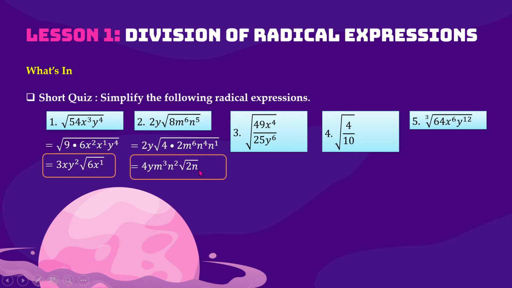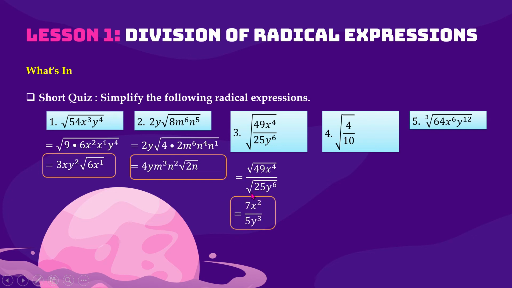Okay? Number 3. The given is the square root of 49x exponent 4 over 25y exponent 6. So, we have seen this in module 5, I guess. The square root of the fraction is equal to the square root of the numerator over the square root of the denominator. So, separate them. Next.